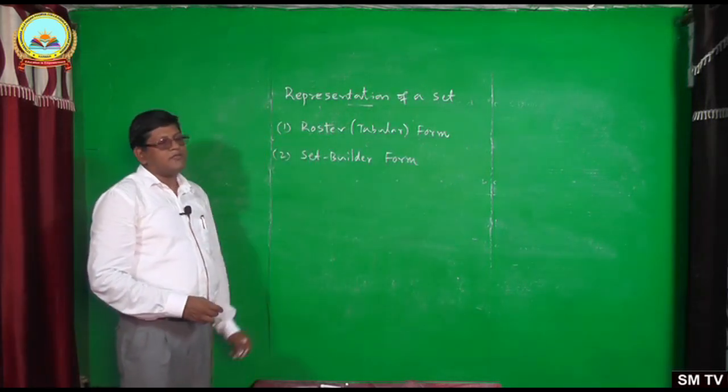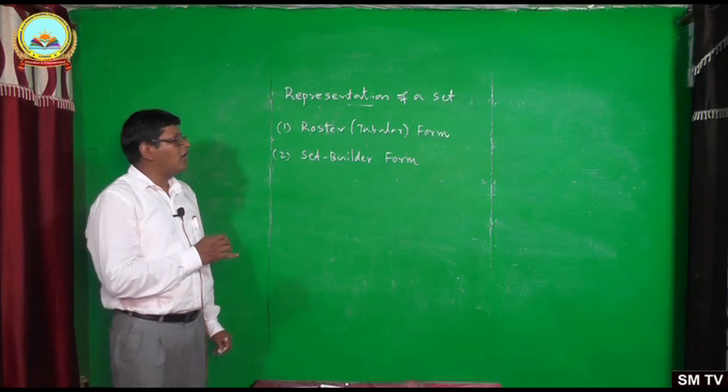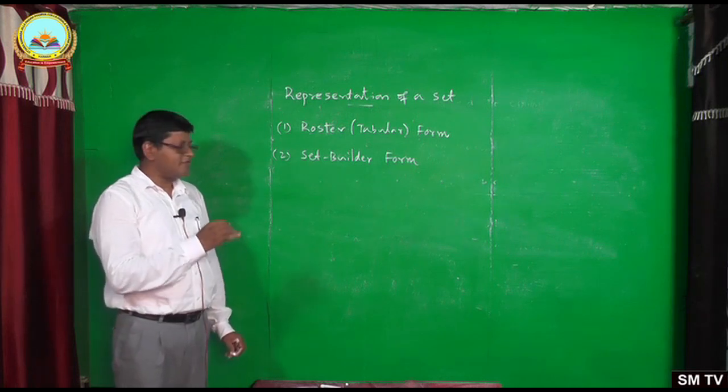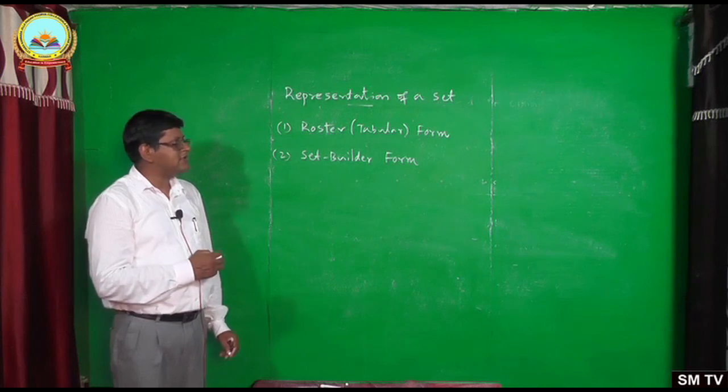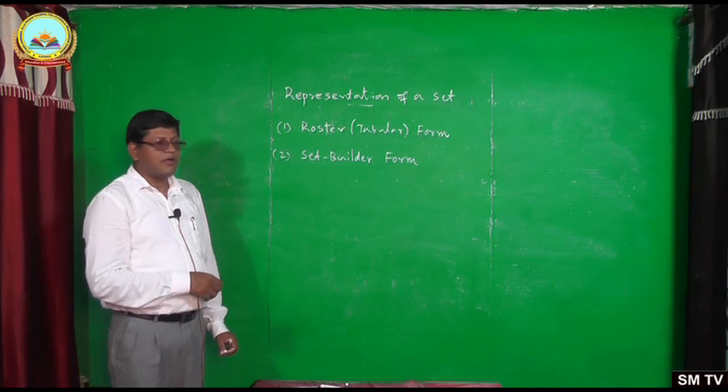In roster form, we write all the elements of the set within a pair of curly brackets, and the elements are separated by commas.